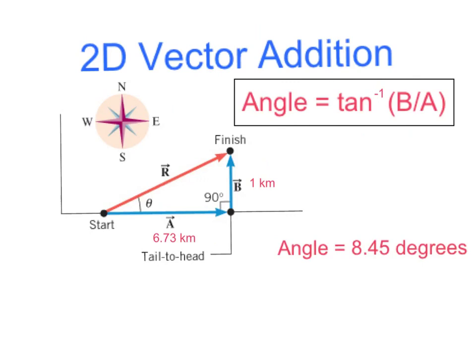To find that angle, this angle right here, angle theta, we simply use the inverse tangent of our y component divided by our x component. Now this inverse tangent function is just a button on your graphing calculator. And plugging everything in, we find that the angle is 8.45 degrees.